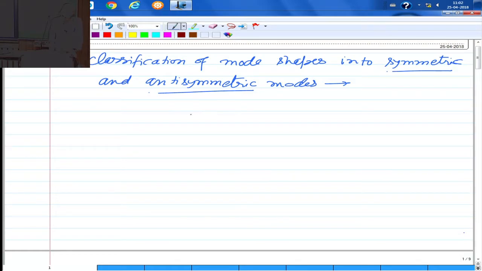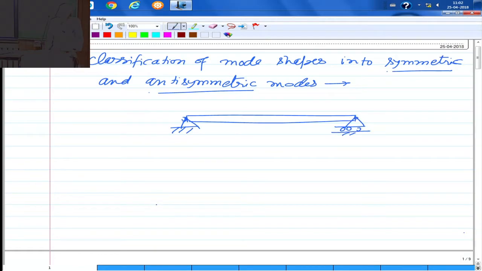Let me take as an example a simply supported beam, and we want to do its free vibration analysis. For linear free vibration it doesn't matter whether the ends are movable or immovable. Because the axial displacement is not important, let me make it exactly symmetric, so why put two different boundary conditions at the two ends.